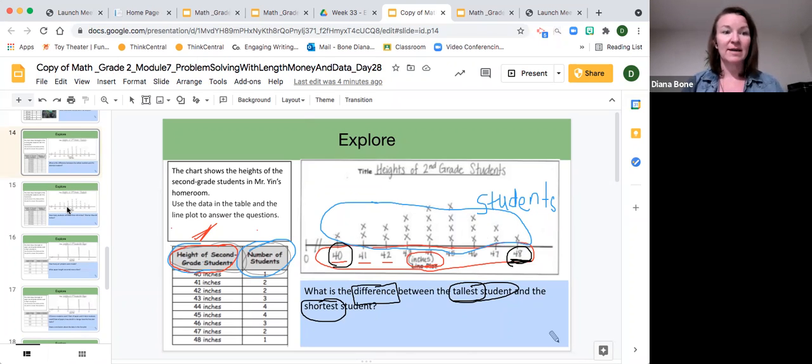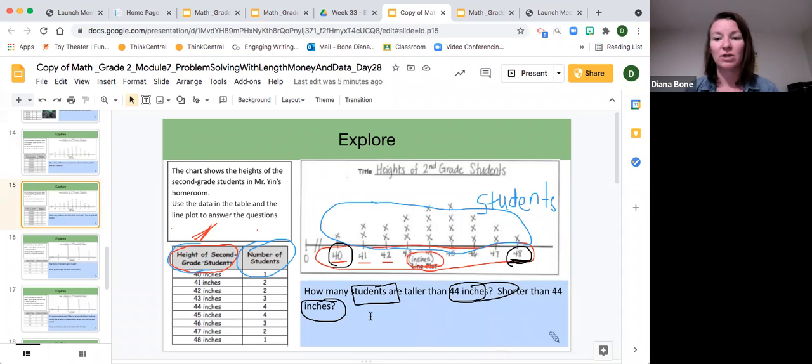You're going to see how it helps to circle it and label it. I've got it already circled again. The X's are still my students, and the numbers are still the heights. Now let's look at this question: how many students are taller than 44 inches? If I get a question asking me about students, am I going to be counting X's or looking at numbers?